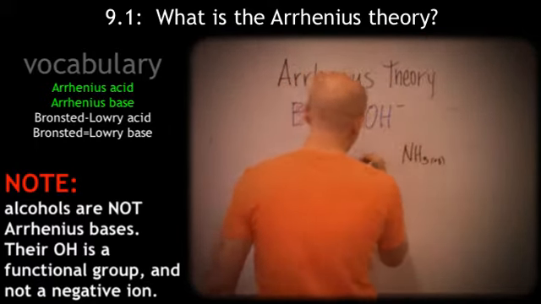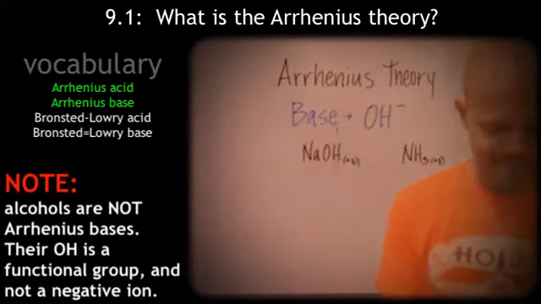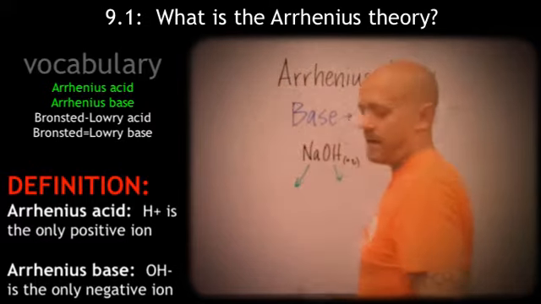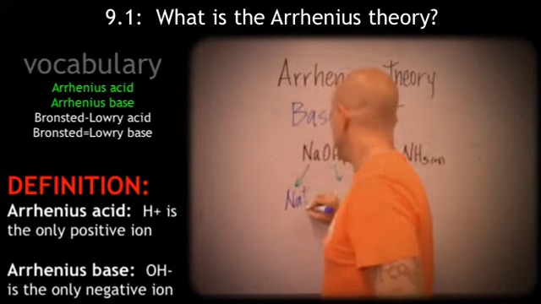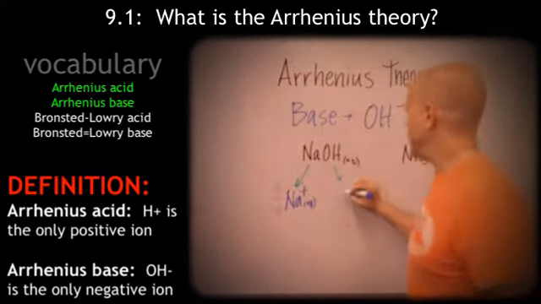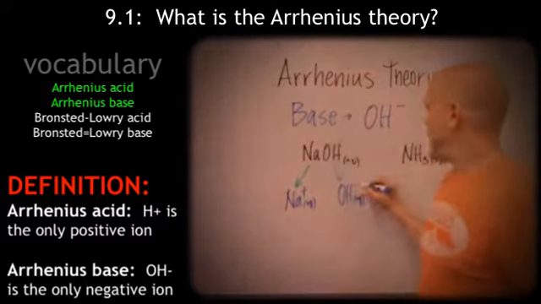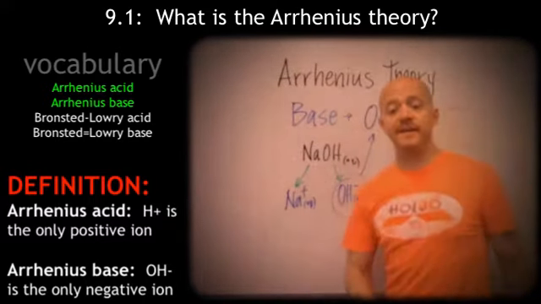I'm going to write aq to show that they're both dissolved in water. Now, when these break apart, I'm going to get sodium ions in solution and hydroxide ions in solution. Because hydroxide is the only negative ion, that makes this an Arrhenius base.